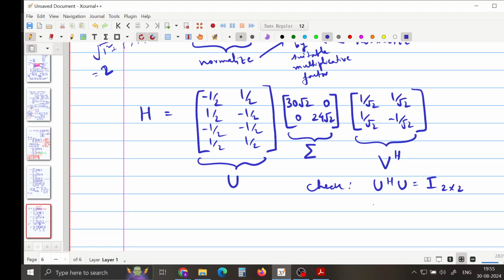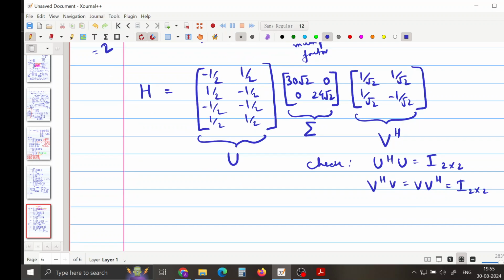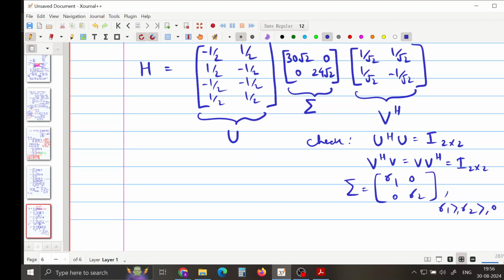And V Hermitian V is also identity, and clearly my sigma is in this form, with sigma 1 greater than or equal to sigma 2 and both being non-negative.